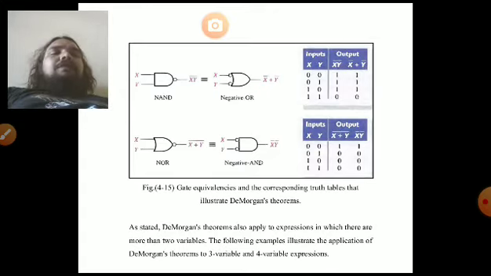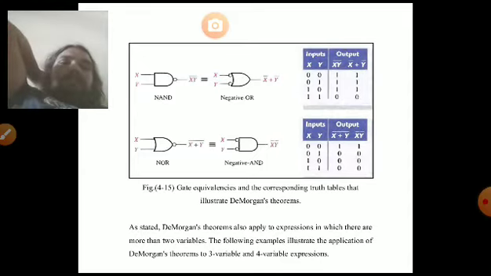Third condition: x is equal to 1, y is equal to 0, negative AND gate x bar into y bar, the resultant output is 0. Then last condition: x is equal to 1, y is equal to 1, negative AND gate x bar dot y bar, the resultant answer is 0.